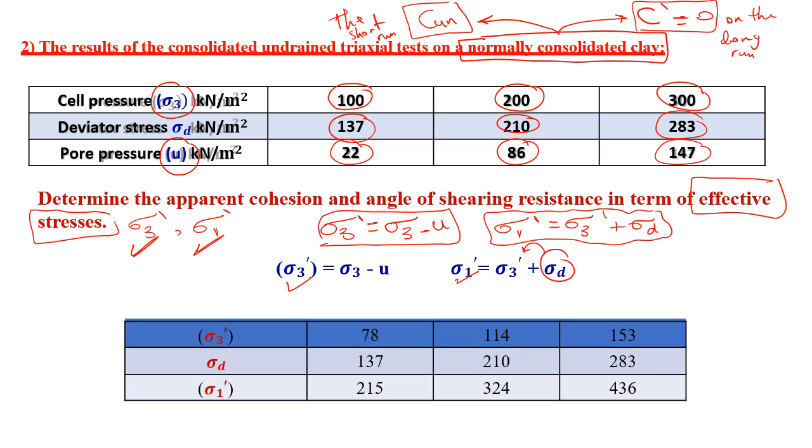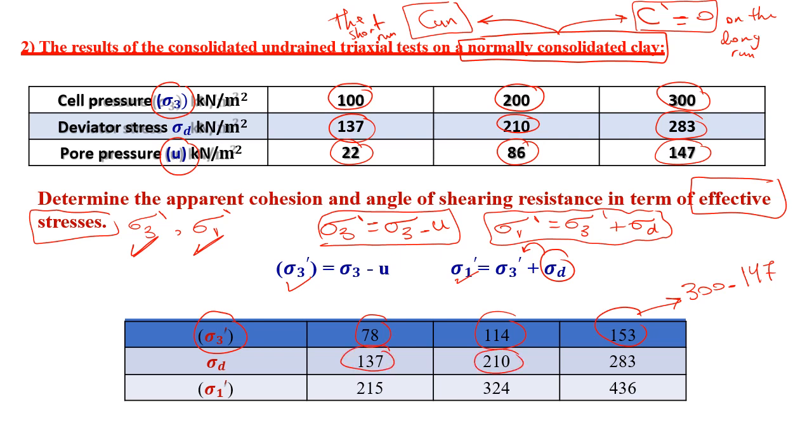Then you can plot these values in this table. Sigma 3 prime is 78 for the first test, 114 for the second test, 153 for the third test. For example, the 153 is equal to the cell pressure sigma 3, which was 300, minus the pore water pressure 147. Sigma d is constant, it's one value.